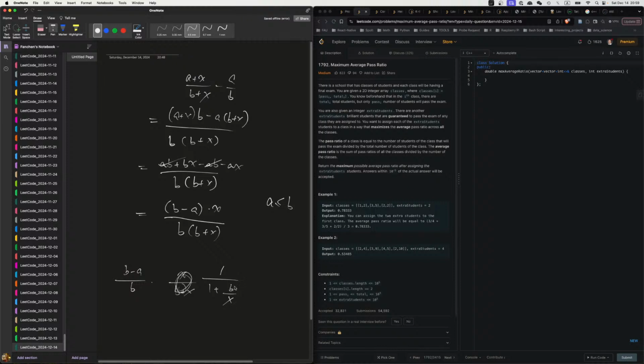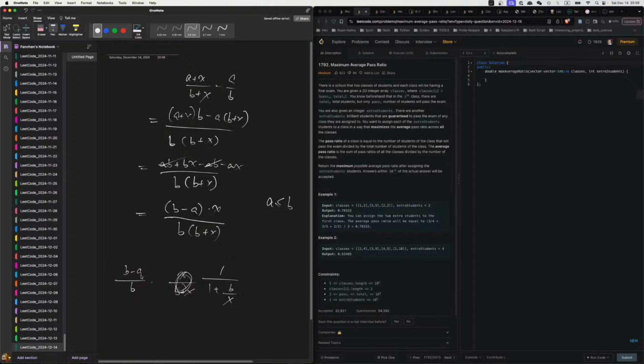Apparently, the bigger the b, the bigger x needs to be, right? If b is small, then x can be small, but x can still be large, but this one will always be smaller than 1.